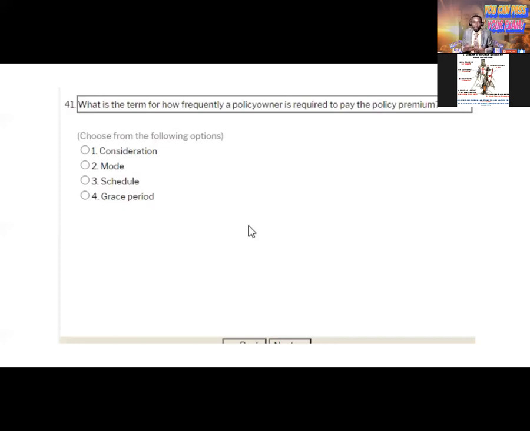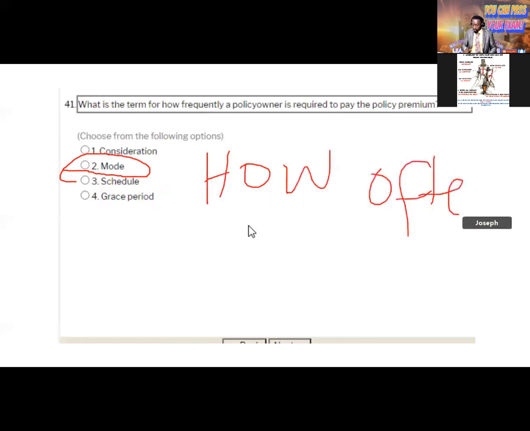So we can eliminate this one, this one, and this one. If you look, we eliminate all of these, and only one is left: mode. So the answer to this one is mode. How often? That's called the premium mode. That's why they call it the premium mode.